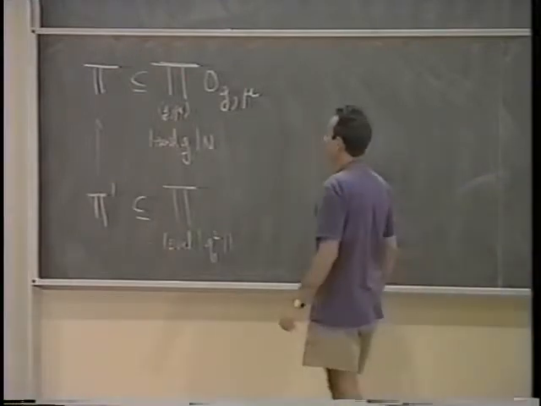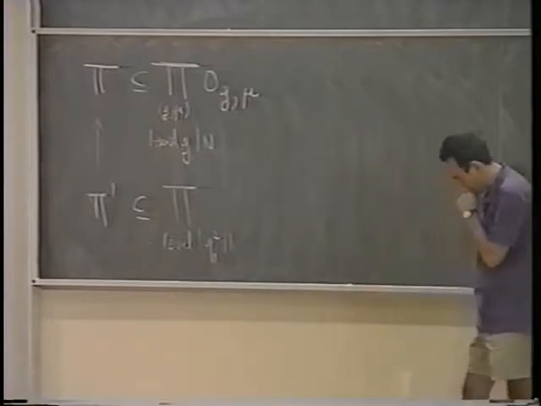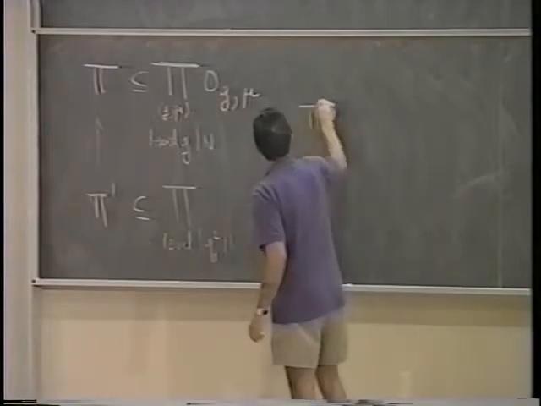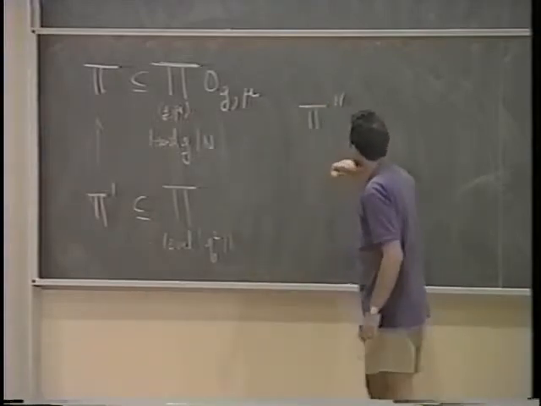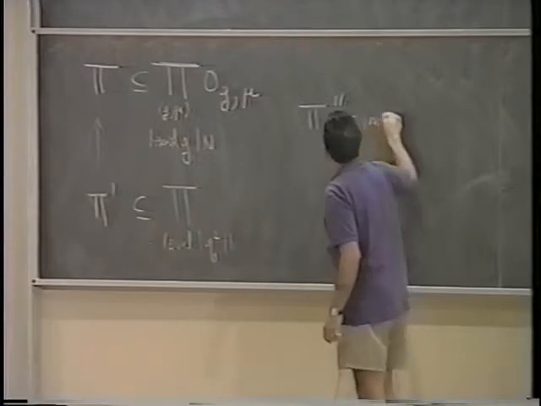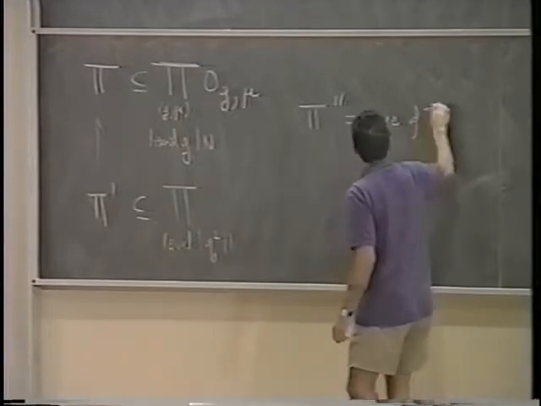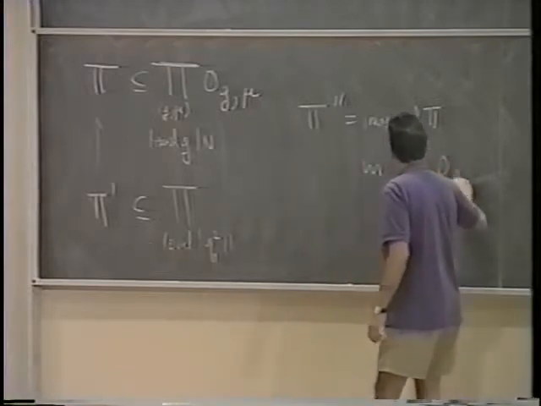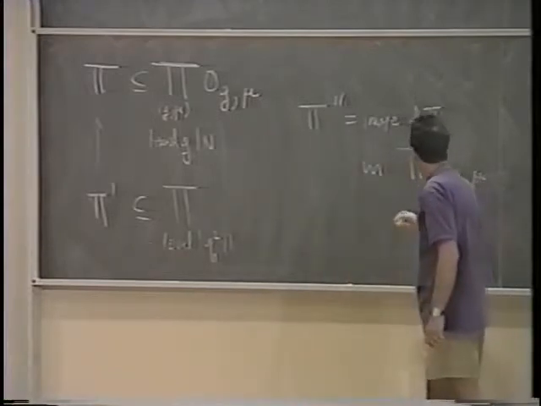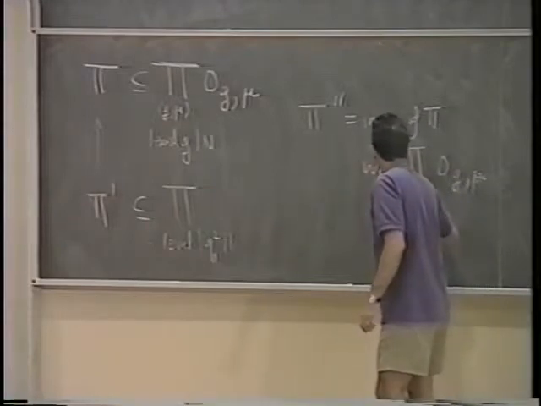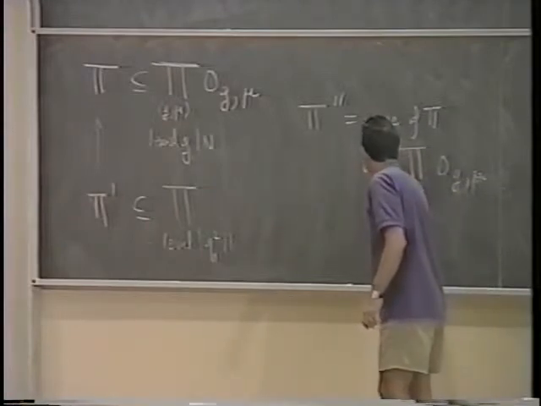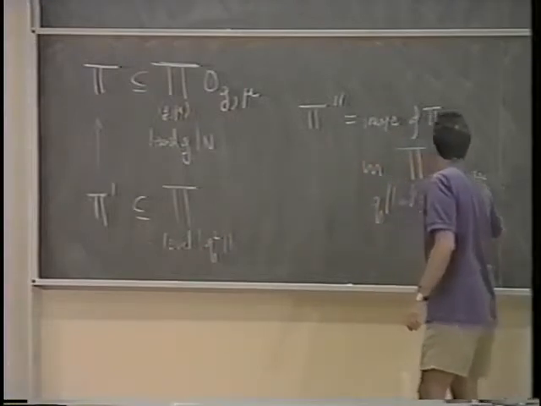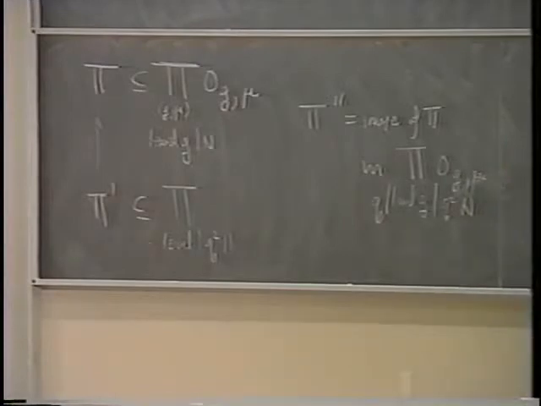Now, it doesn't take too much imagination to start playing with this product. In particular, you could define T double prime, just to give it a name. You could define it to be the image of T in the product of the completions OG mu, where now the level of G is constrained to be divisible by Q. On the other hand, since we're talking about a projection, it'll be a divisor of Q squared n.